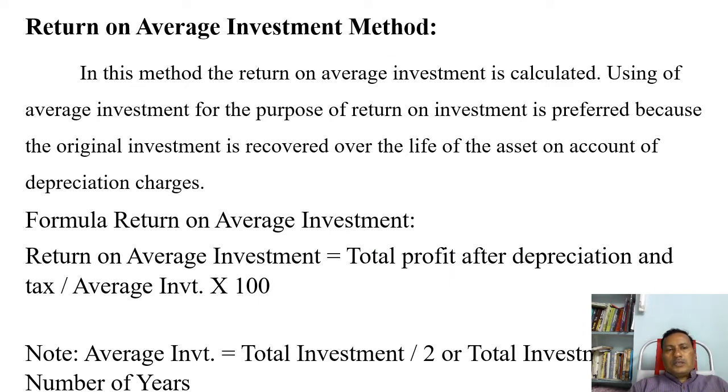As we have discussed in the earlier session, the theoretical aspect of the return on average investment method. In this method, the return on average investment is calculated using the average investment, because the original investment is recovered over the life of the asset on account of depreciation charges.